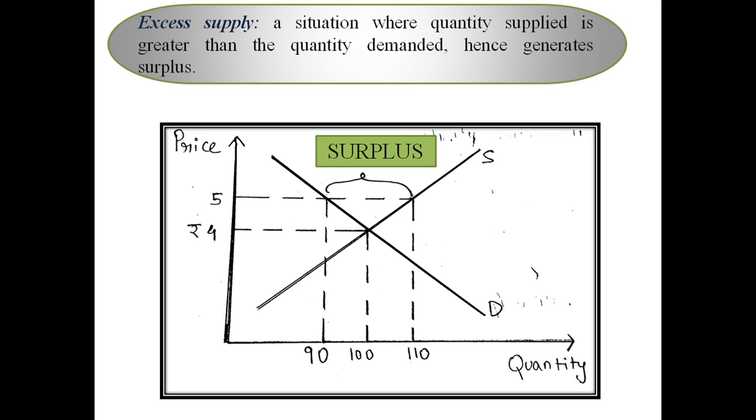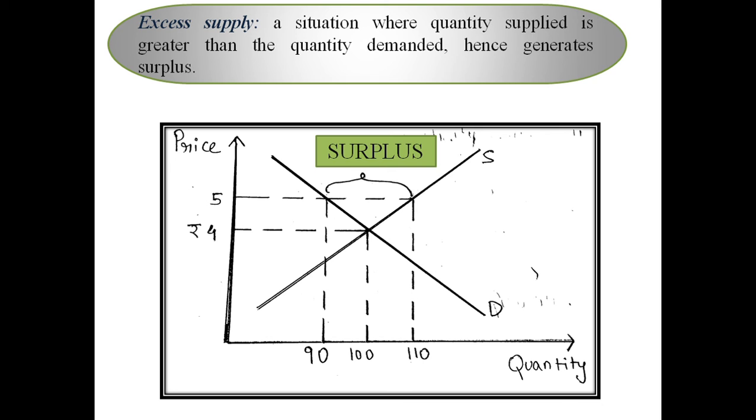Sellers are not able to sell all that they have produced because there is no demand. There arises a surplus, the excess amount of the product which no one is willing to buy. प्राइस बढ़ जाने की वजह से डिमांड कम हो गया और सप्लाई ज्यादा हो गया.